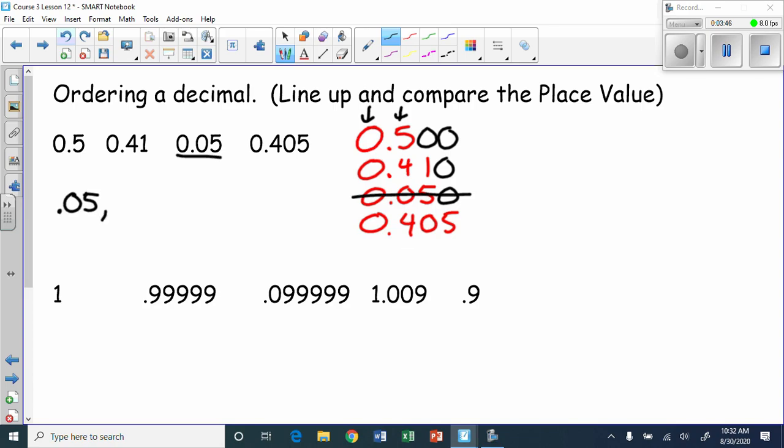Gone. Now we're looking at 5, 4, 4. So we're going to look at the ones that are 4 tenths. This one has 1 hundredth. This has 0 hundredths. Even though there's a 5 in the thousandths place, the hundredth is bigger. So 0.405. 5 tenths, 4 tenths. We're going to go with the 4 tenths. 0.41, 0.5.